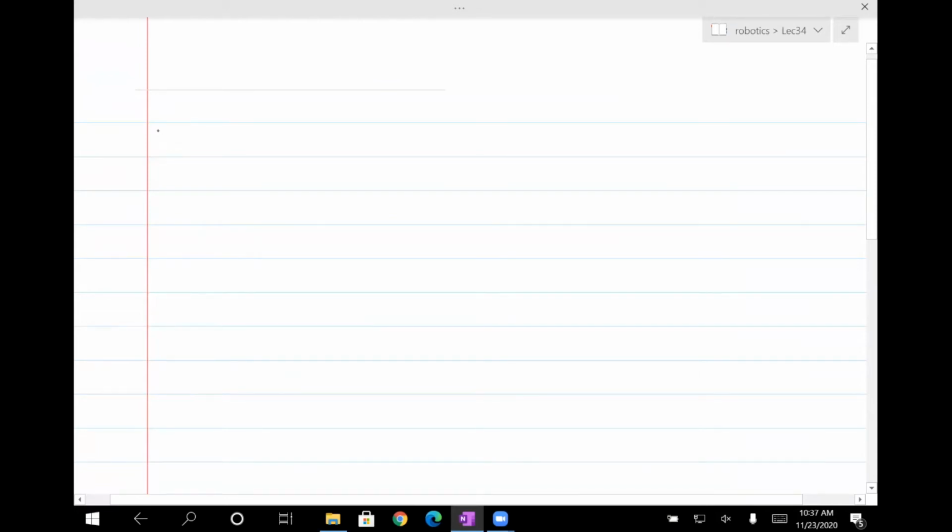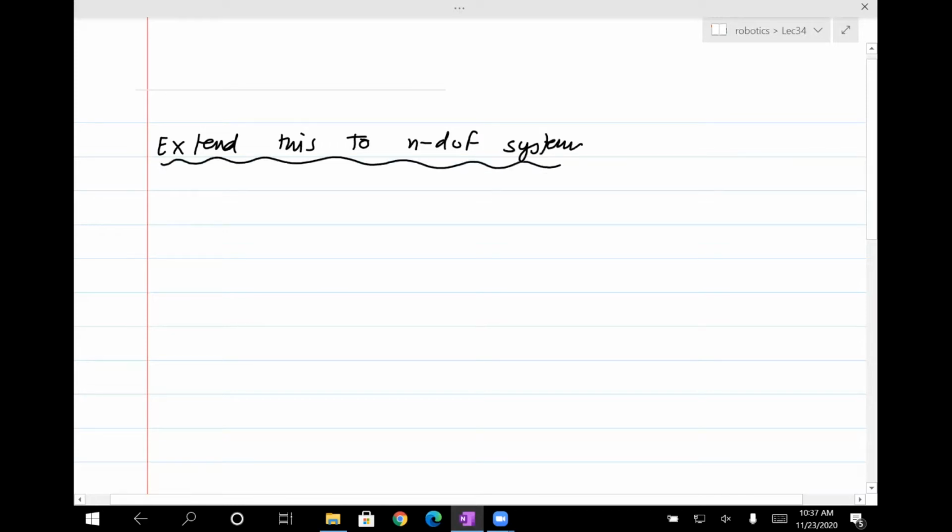So let's see, extend this to an N-DOF system. Okay, so we wrote down Mq double dot plus Cq dot plus Kq equals tau, where we chose tau to be minus KPq minus KDq dot.